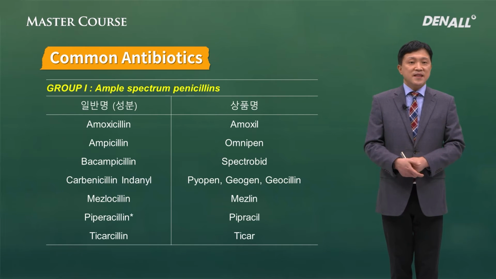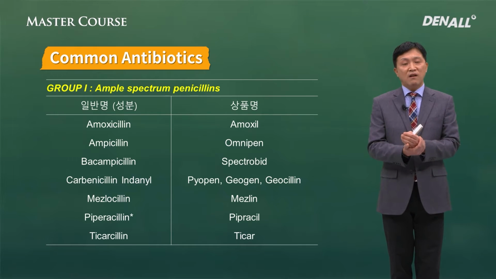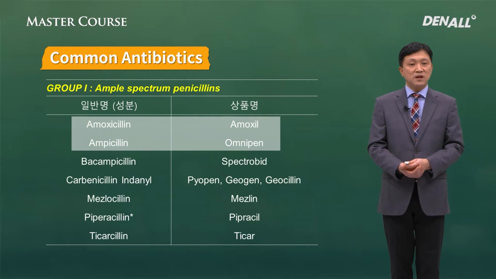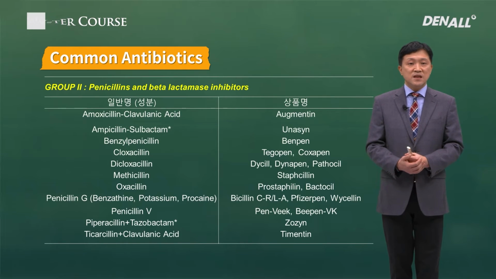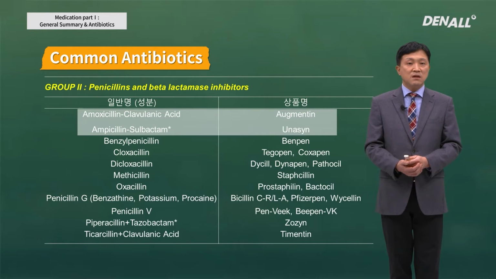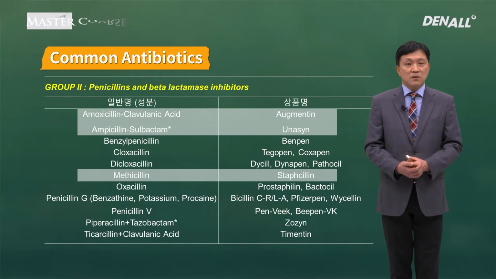There are many antibiotic types, starting from group 1 to many groups. Group 1 is ample spectrum penicillins, amoxicillin, and ampicillin. Group 2, penicillinase and beta-lactamase inhibitors. Representative ones would be Augmentin and Unacin. Methicillin is included in group 2.